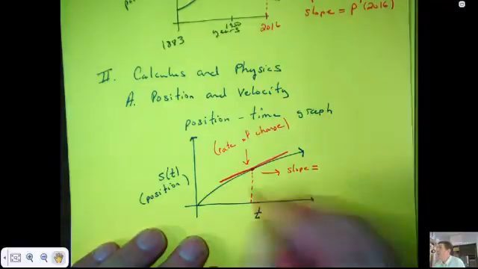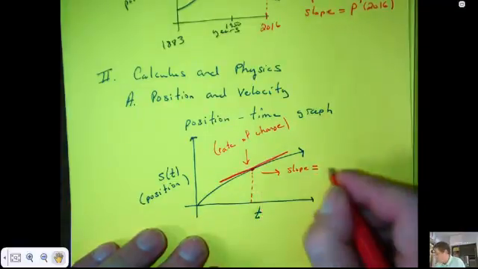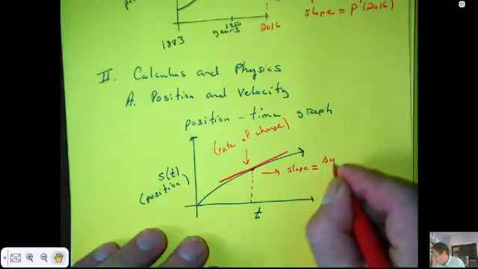The slope of this graph is the change in y over the change in x.